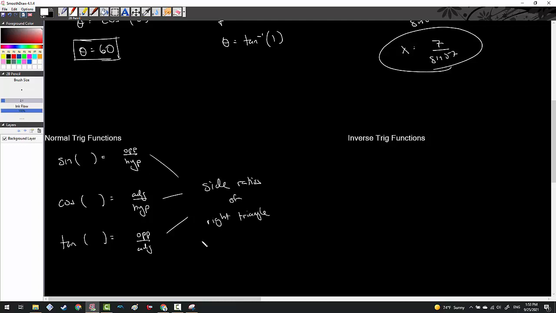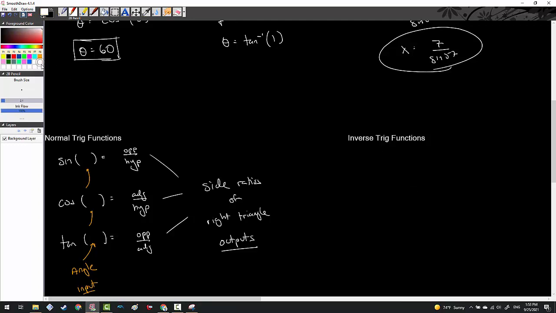And these are the outputs of the normal trig function. What goes inside each time is always the angle. The angle is the input. The side ratio is the output.